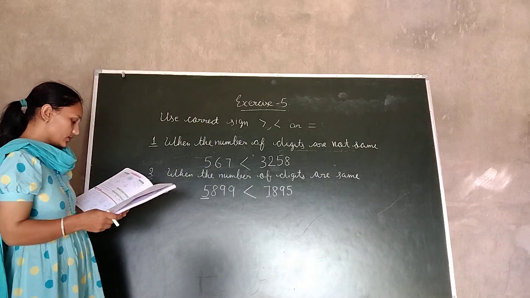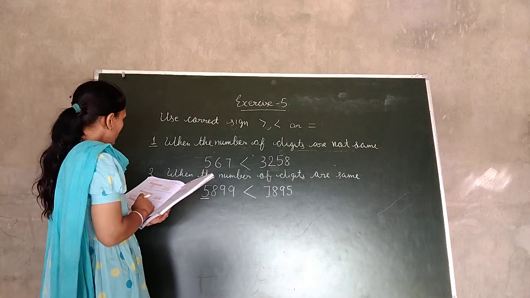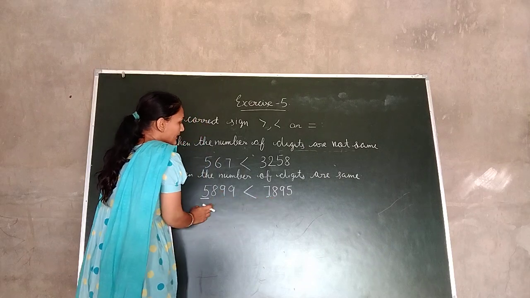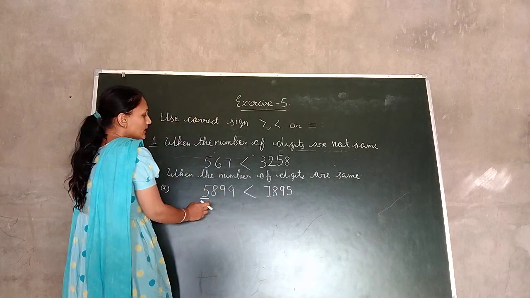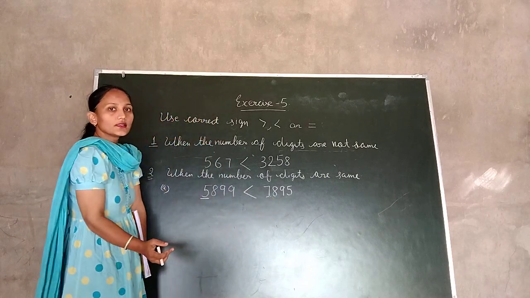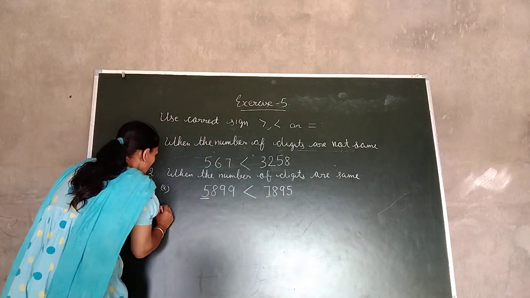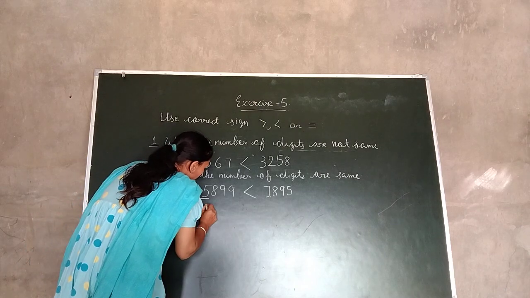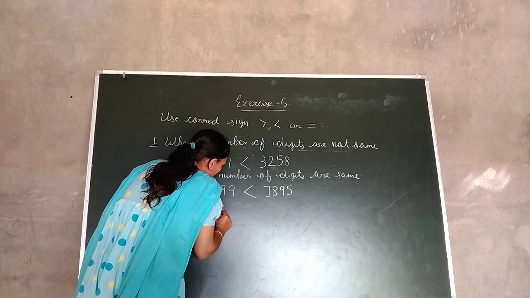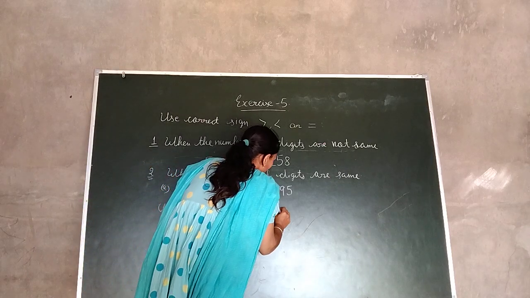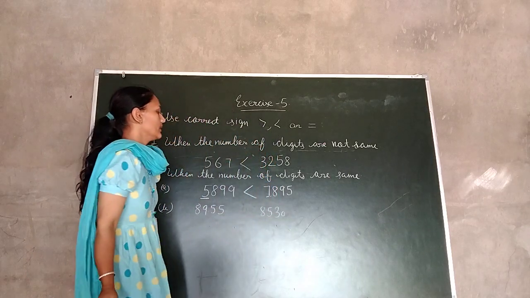Next, B part. If the digits at the thousand place are same, then we will compare the digits in hundred place. Suppose we have 8,955. Here we have 8,530.